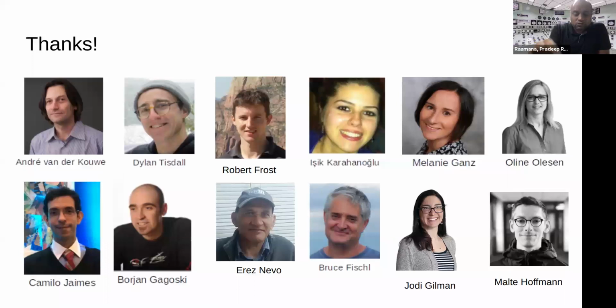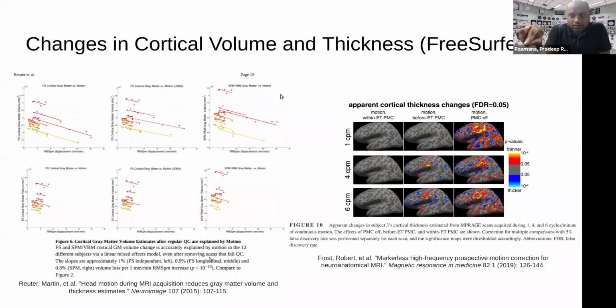Yeah, thanks. So in the last slide, on the left plot, you said that even though radiologists could not detect any motion, that's what you mean by diagnostic quality, right?